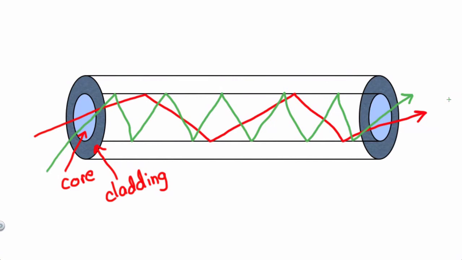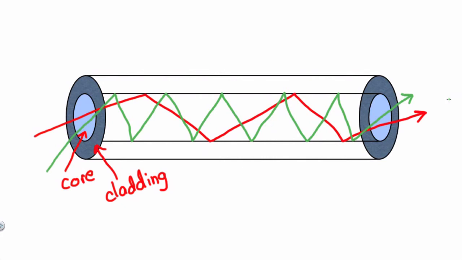If one bit comes in at a steep angle, like the green line on screen, and the next bit comes in at a less steep angle, like the red line on screen, it's possible that the bits would get out of order. The first bit came in first, but it bounced back and forth, back and forth, back and forth much more than the next bit did. It could actually fall behind.